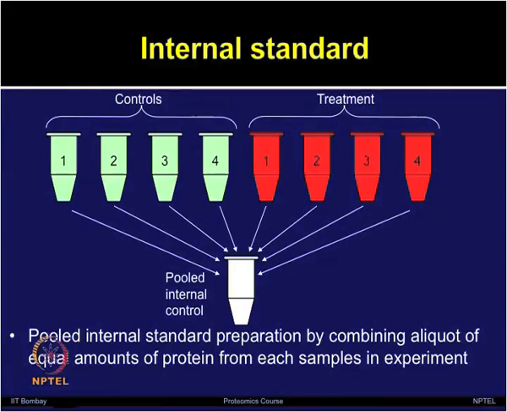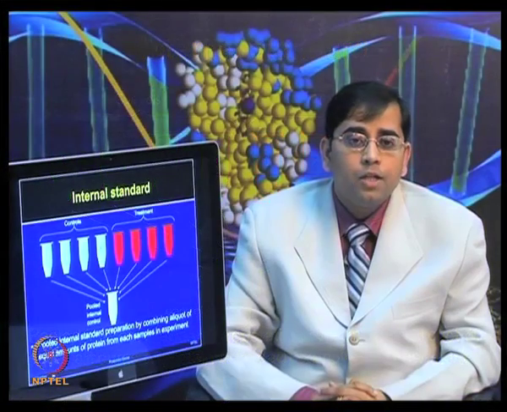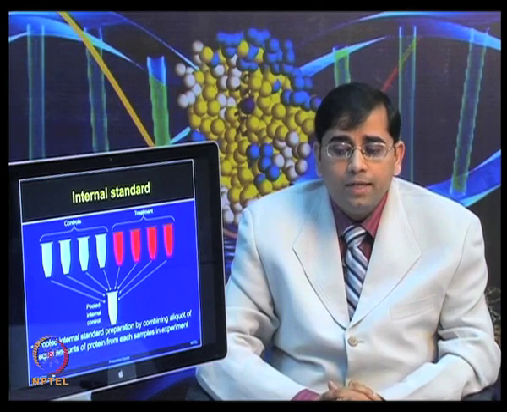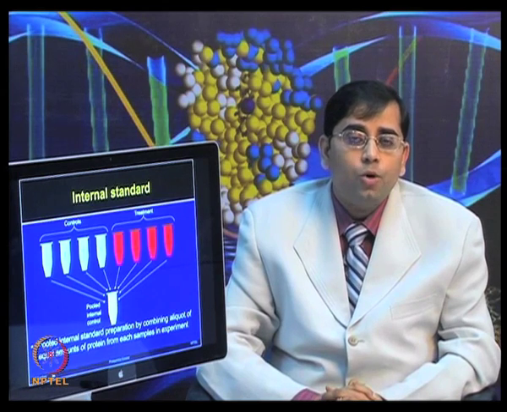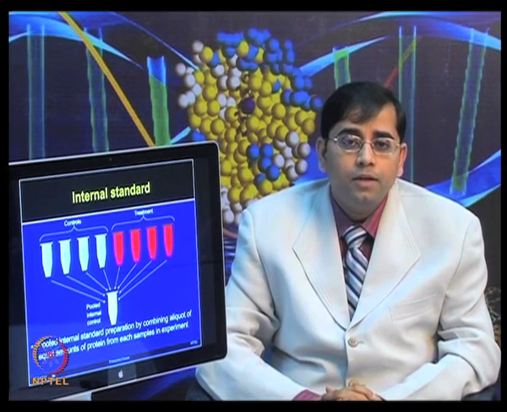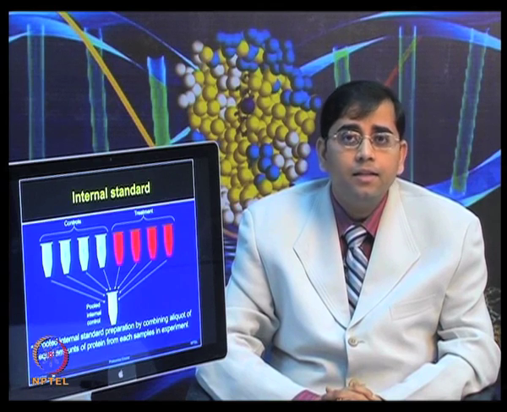So, you can take 25 microliter from each of these 8 samples and make it up to 200 microliter of one pooled sample, which is your internal pooled standard. This pooled standard can be prepared by combining aliquots of equal amount of protein from each sample in the given experiment.